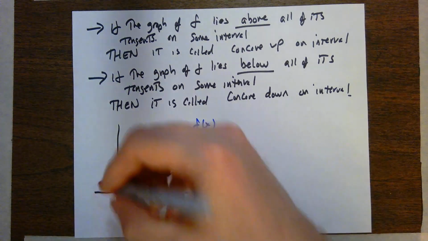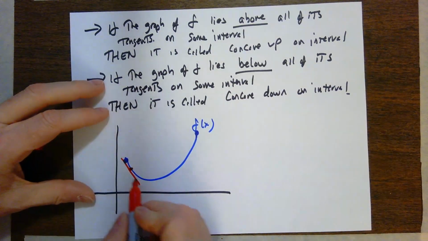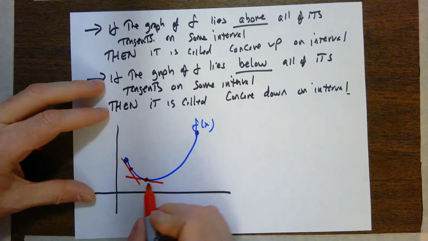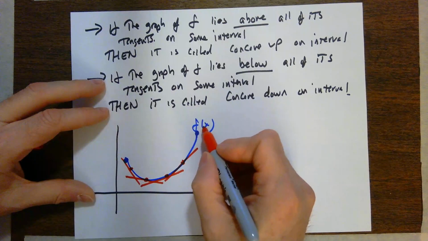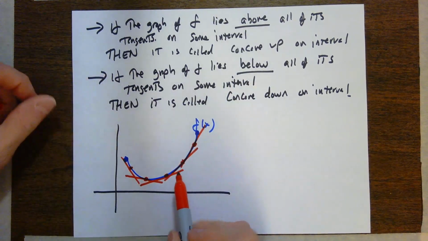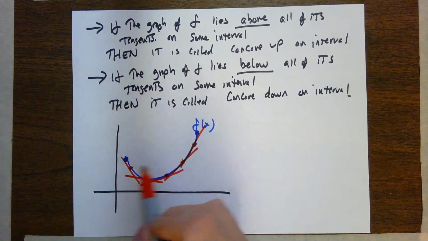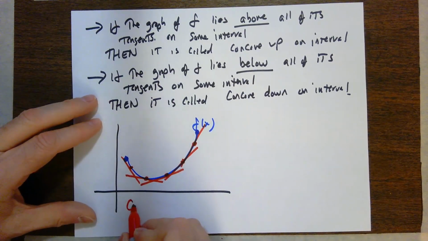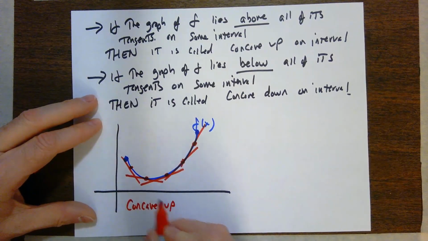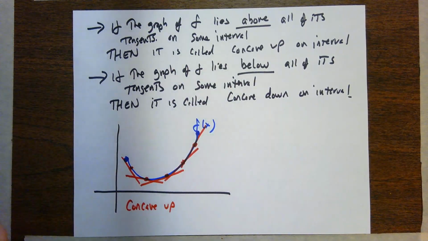I've got a tangent line here, and here, and here, and here, and here. Notice that the function lies above all of its tangent lines. So this function would be concave up over this interval because the tangent lines are below. The function is above all of the tangent lines.